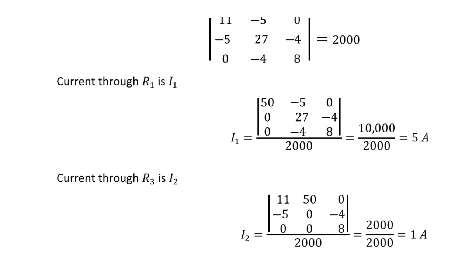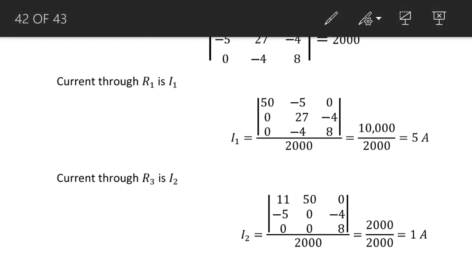Let us calculate the current I1. For the current I1, we replace the first column of the R matrix by E1, E2 and E3. The second column and the third column remain unchanged. We divide this determinant by the determinant of the R matrix, that is 2000.